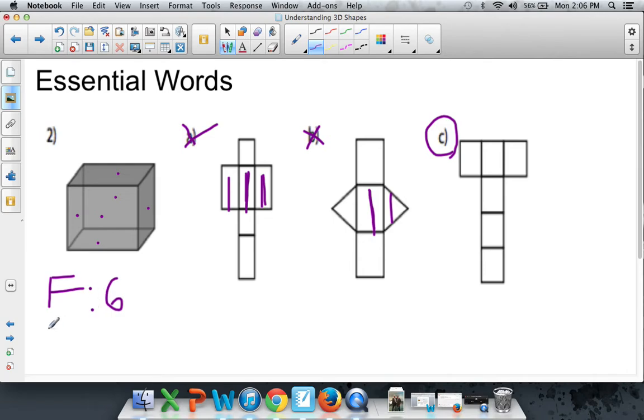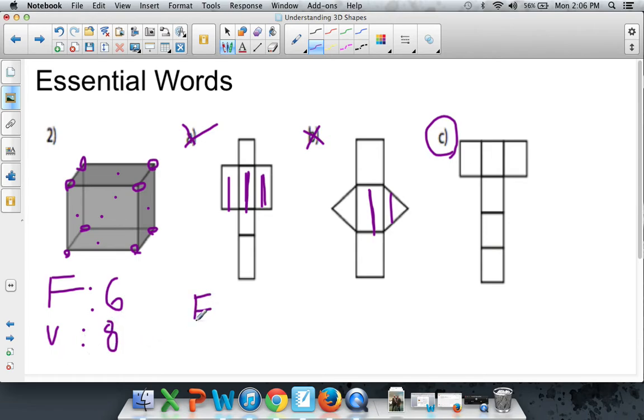How about vertices? Those are the inside corners. 1, 2, 3, 4. Don't give up though. Look at the top. 5, 6, 7, 8. All right, 8 vertices. And how about edges?